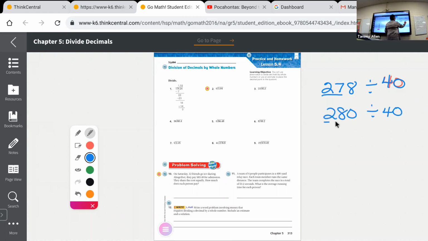So 28 divided by 4 is 7. Our zeros cancel, so our estimate is going to be 7. Actual answer, 6 and 8 tenths.